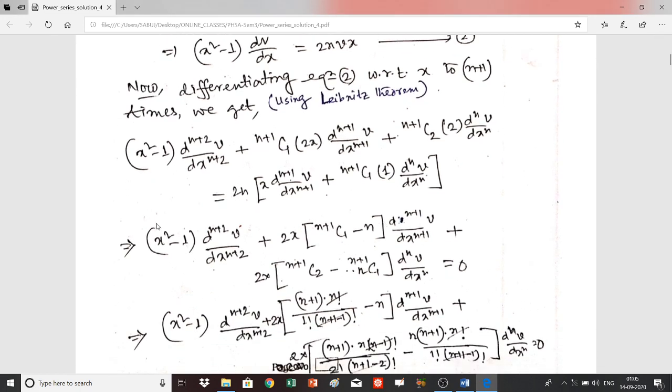Now to simplify the above equation, that means this equation. So here we write (x^2 - 1) d^(n+2)v/dx^(n+2), then plus 2x, 2x is taken here. So this is the x term, the term which consists of x term. So we take 2x as a constant term.